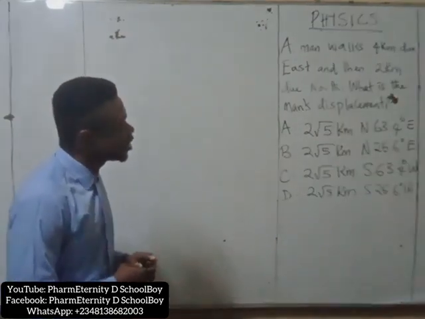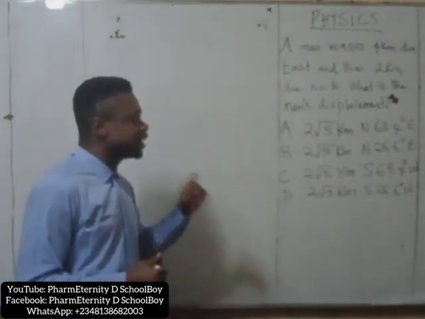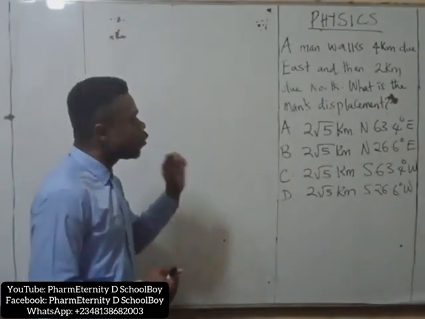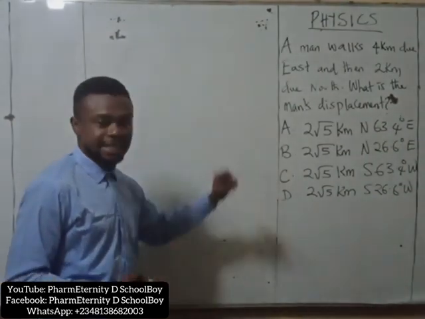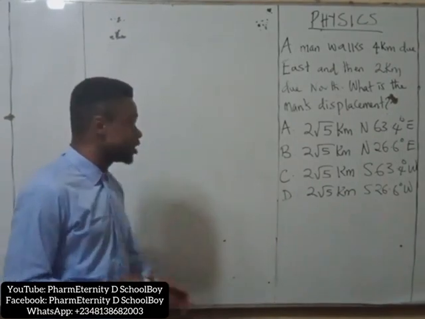So in a nutshell, displacement is a vector quantity while distance is a scalar quantity.